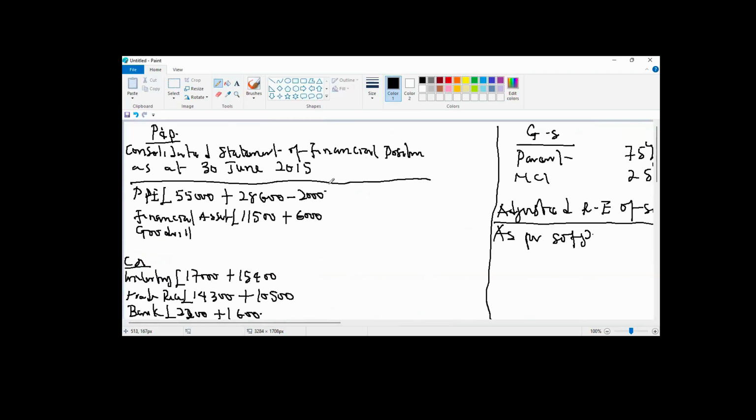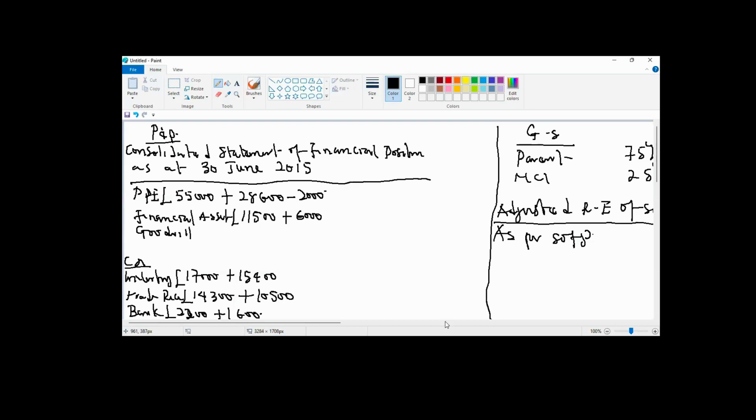The depreciation issue will arise. What is the remaining life of the asset as at the date of acquisition? It had a remaining life of 2 years. Then we can get the depreciation.